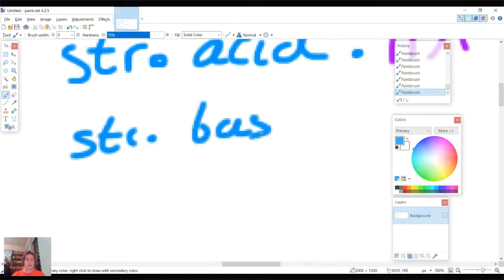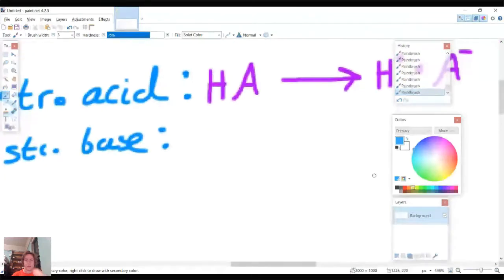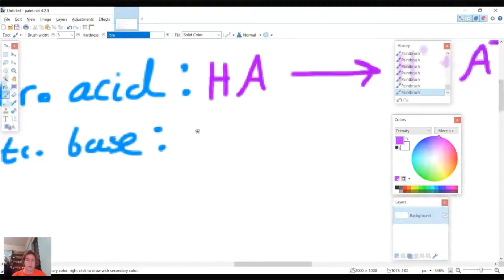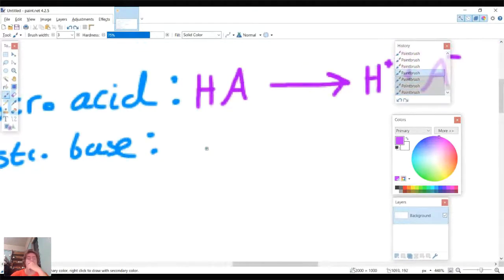And then a strong base is defined as the following. How should we define a base here? We're going to look up how it's defined, because I have a good idea of it, but I can't really put it into intuitive terms.